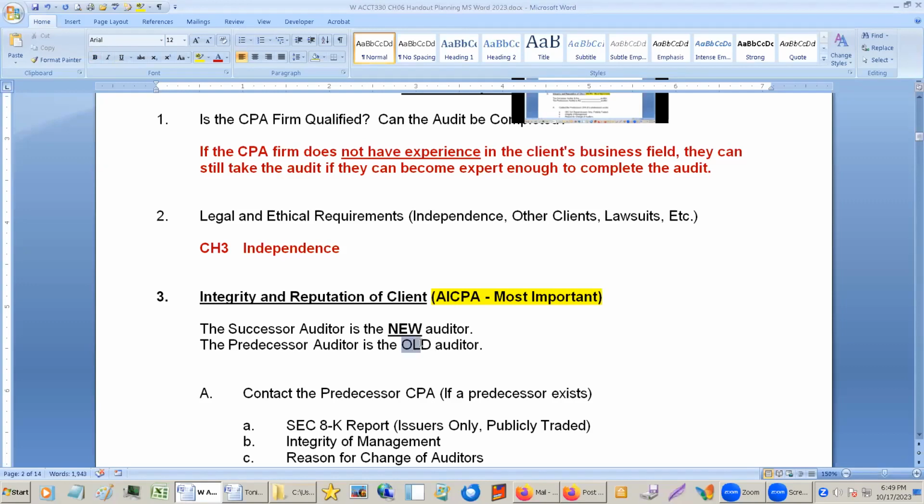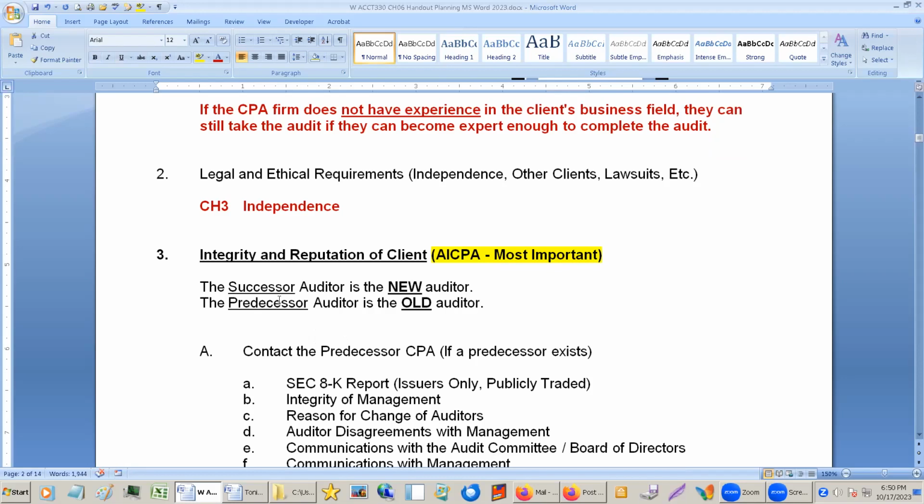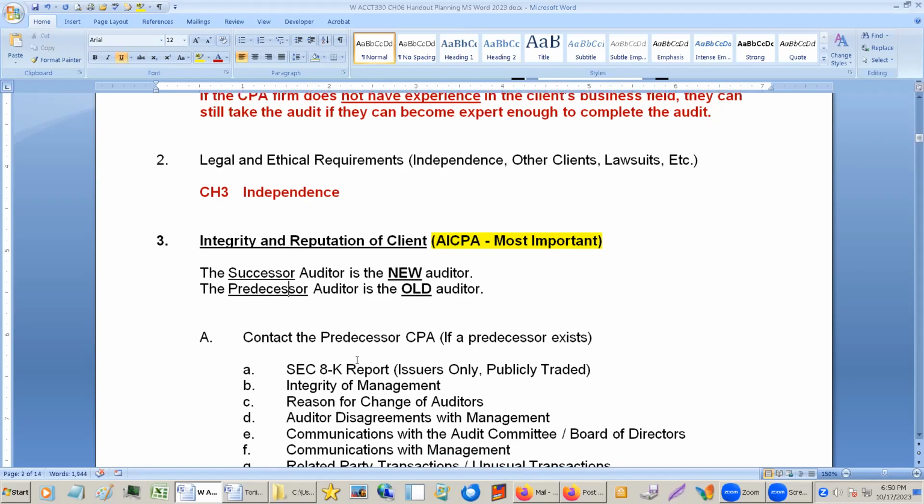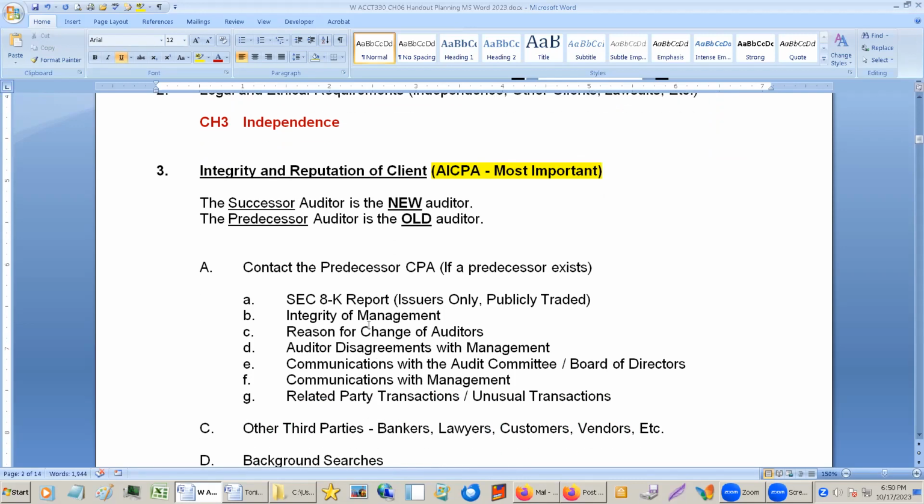So if you're coming into a situation where they've already had an auditor, the successor auditor is the new one, and the predecessor is the old one. And the CPA questions they'll ask you are successor auditor and predecessor auditor. Okay, contact the predecessor auditor if they exist.